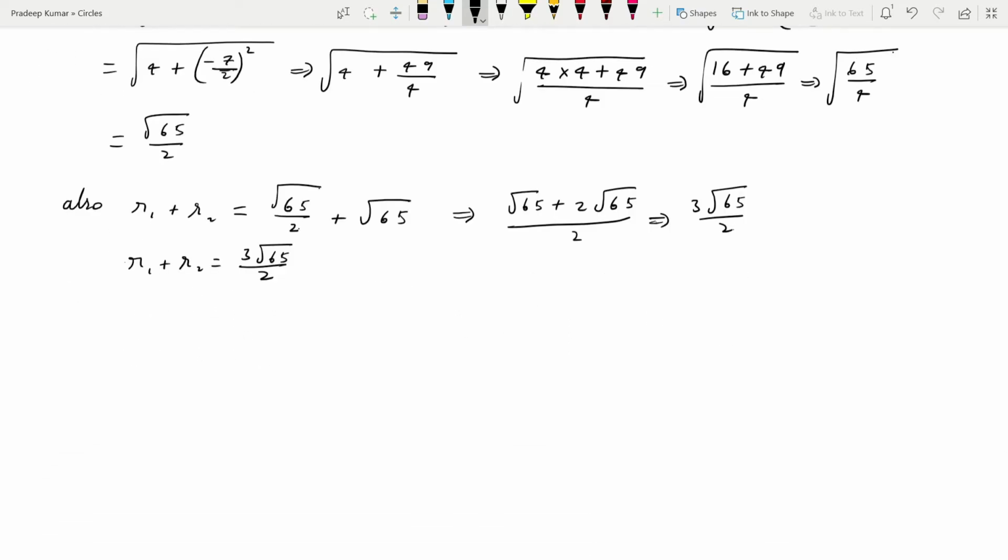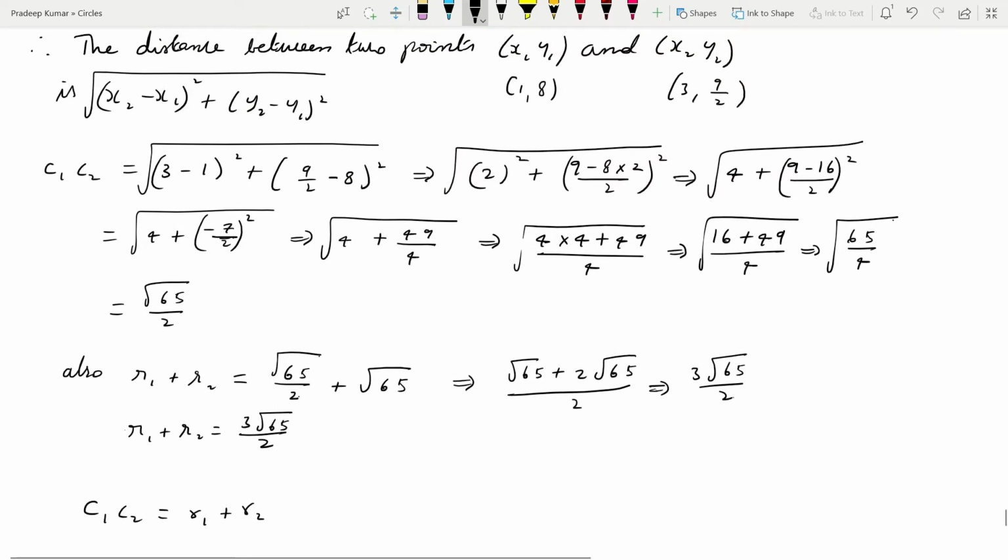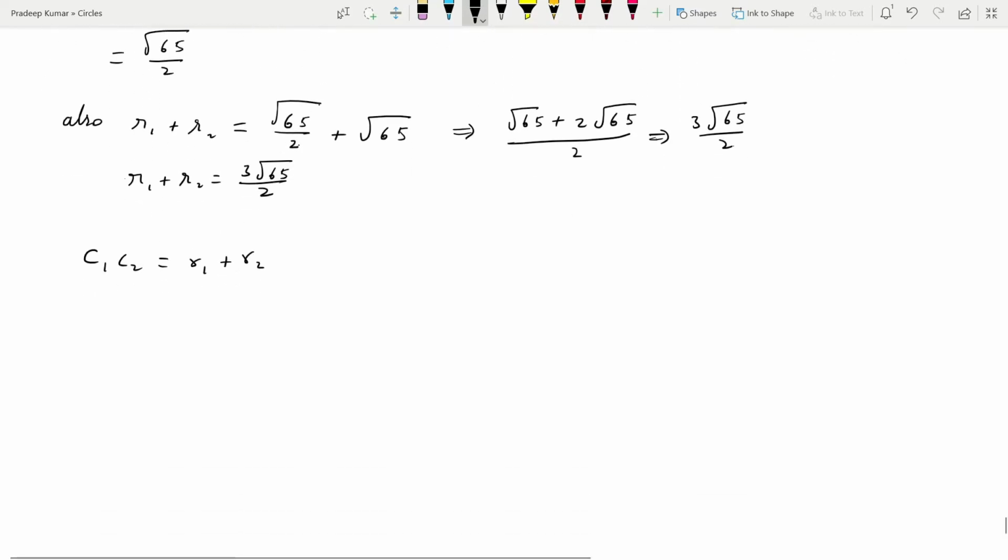So now we'll just check whether the distance between the circle centers and the radius sum were same or not. So for that, I can write c1 c2 equal to r1 plus r2. What we got for c1 c2, we'll just check above. So c1 c2 we got it as root 65 by 2, whereas the r1 plus r2, when we add, we got 3 root 65 by 2.